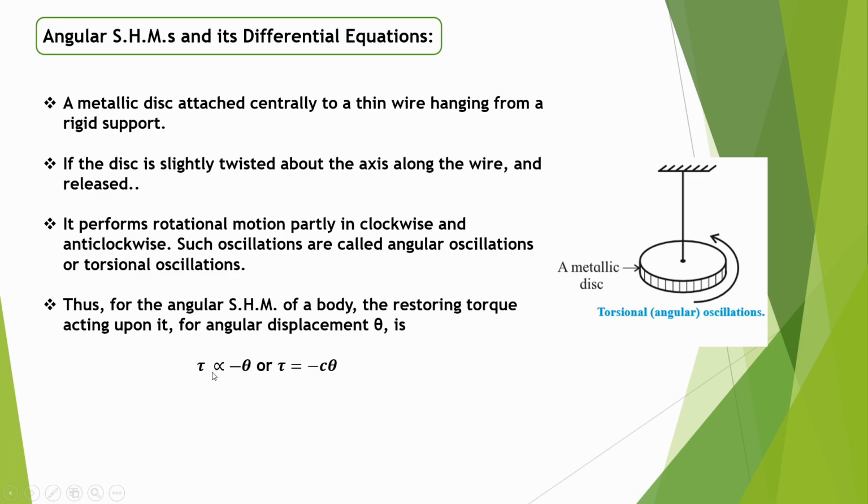So we can write tau directly proportional to minus theta, and using a constant C, tau equals minus C theta, where C is the constant of proportionality. It is also called the restoring torque per unit angular displacement, because C equals tau upon theta.